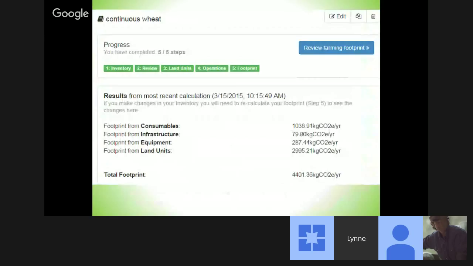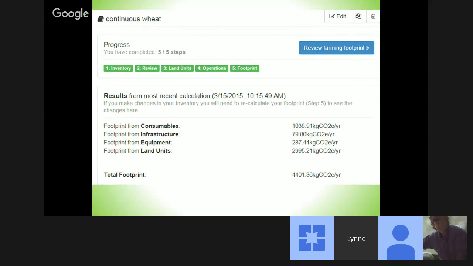So the output I'm going to show you is from the scenario doing continuous wheat. And so this is one of the output screens that you'll actually see. What's the footprint from the consumables, infrastructure, from the equipment, and then the land units.